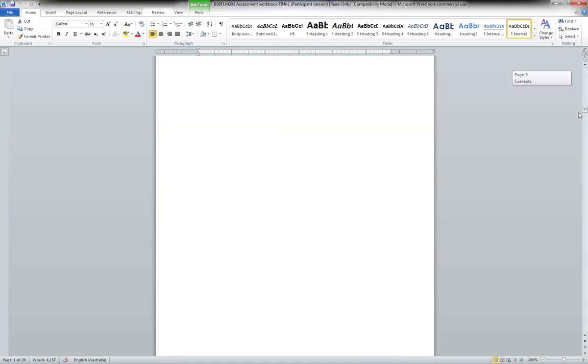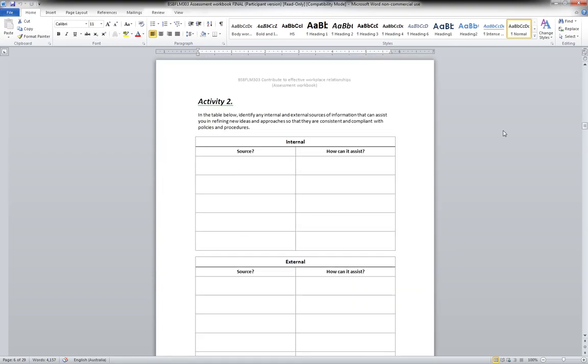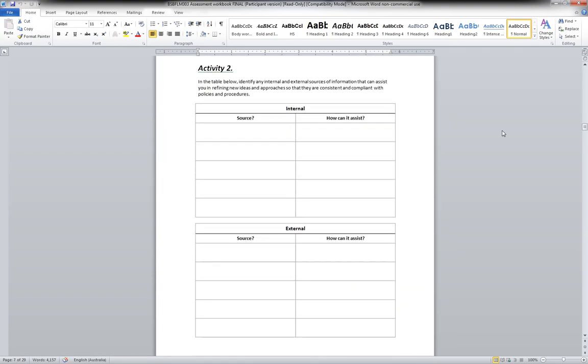If we look at activity 2, in the table below, identify any internal or external sources of information that can assist you in refining ideas and approaches so that you are consistent and compliant with policies and procedures.